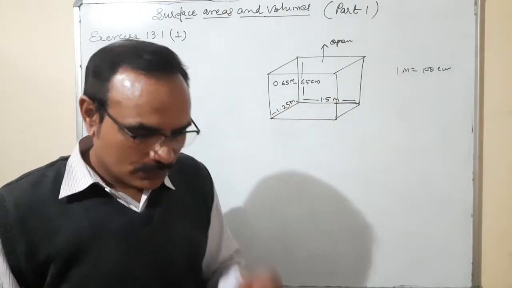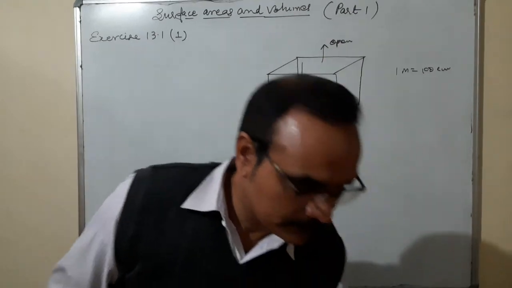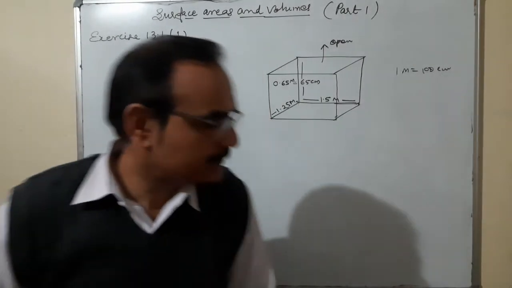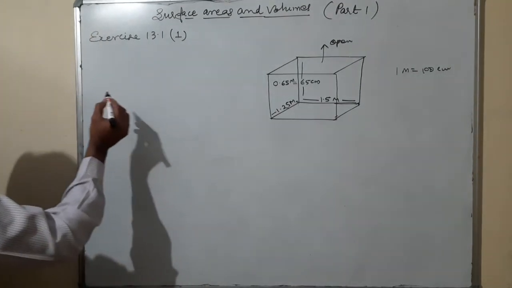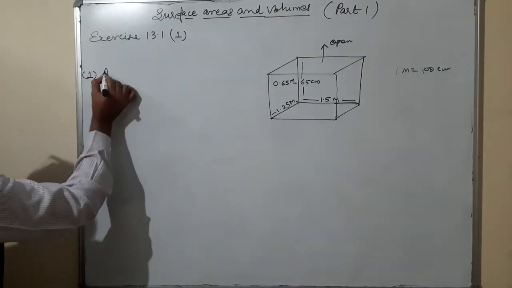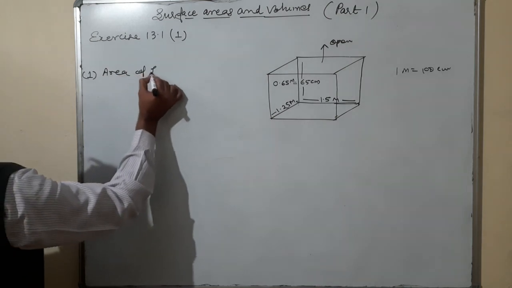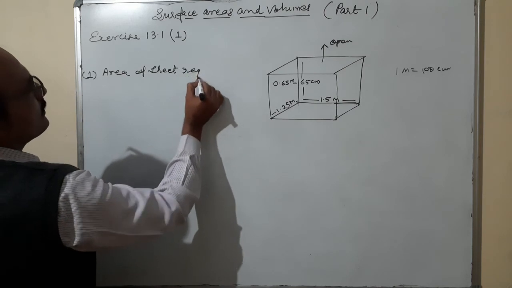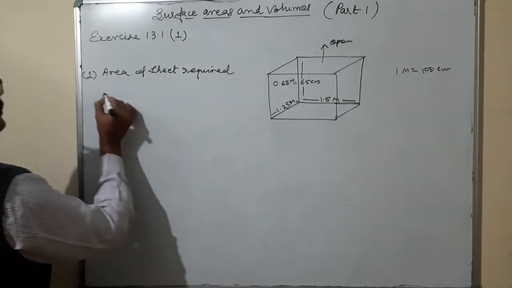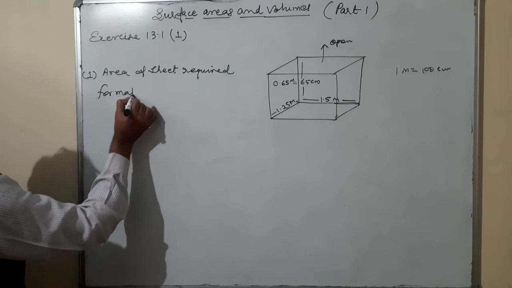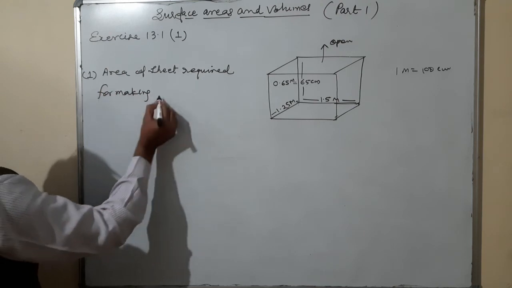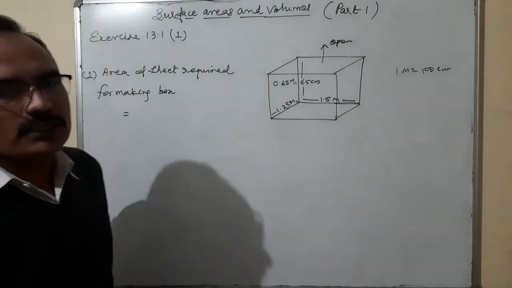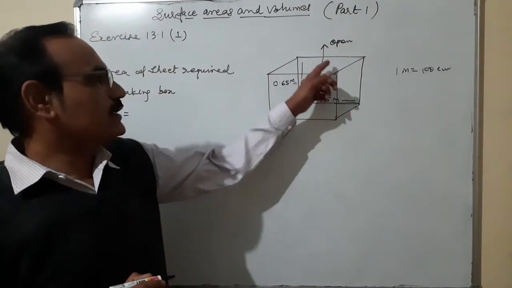The first thing we are going to find is the area of the sheet required for making the box. Area of sheet required for making box, because the box is open at the top.